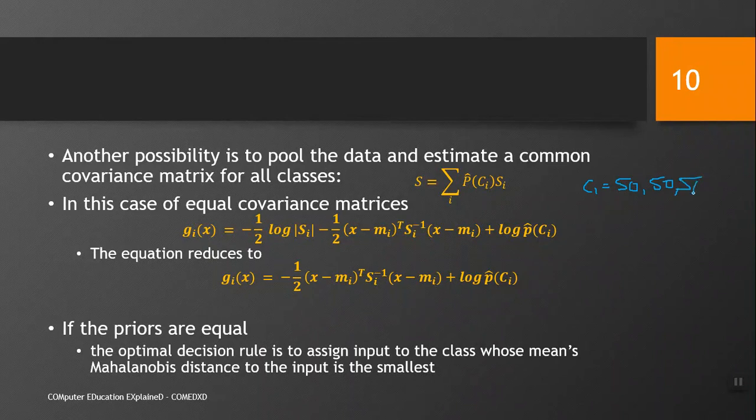So all cars have the same number of instances, meaning that their priors are equal, and if the priors are equal, they would have a similar effect on the computation of the discriminant function. So we can easily remove them. For example, for class 1, it is adding, let's say, 0.2. For class 2, it's again adding 0.2. For class 3, it is adding 0.2. So this could be easily ignored. Its effect would be a little bit, right. So we can remove it and we can make our model simpler.